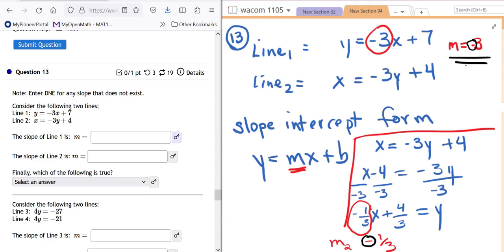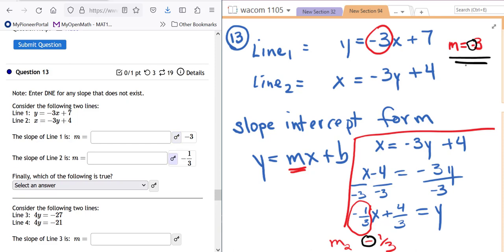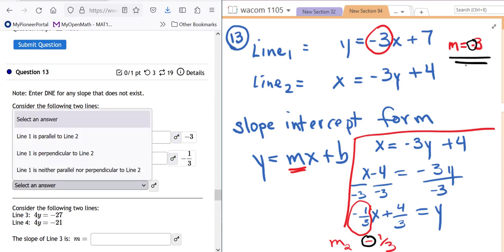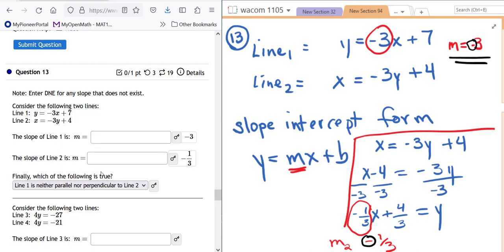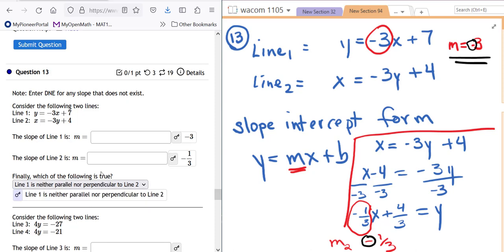So our first one was -3. Our second one was -1/3. And these are going to be neither. And the reason is because they do not have opposite signs.